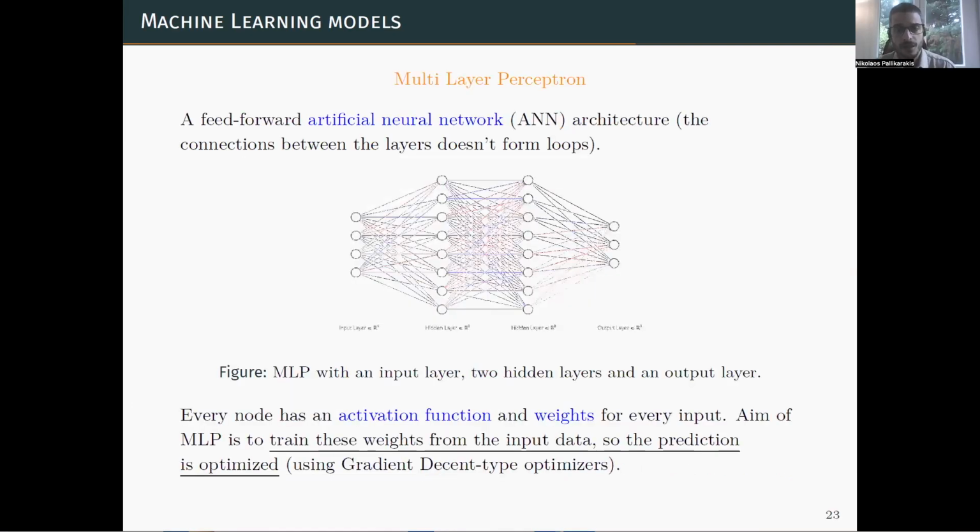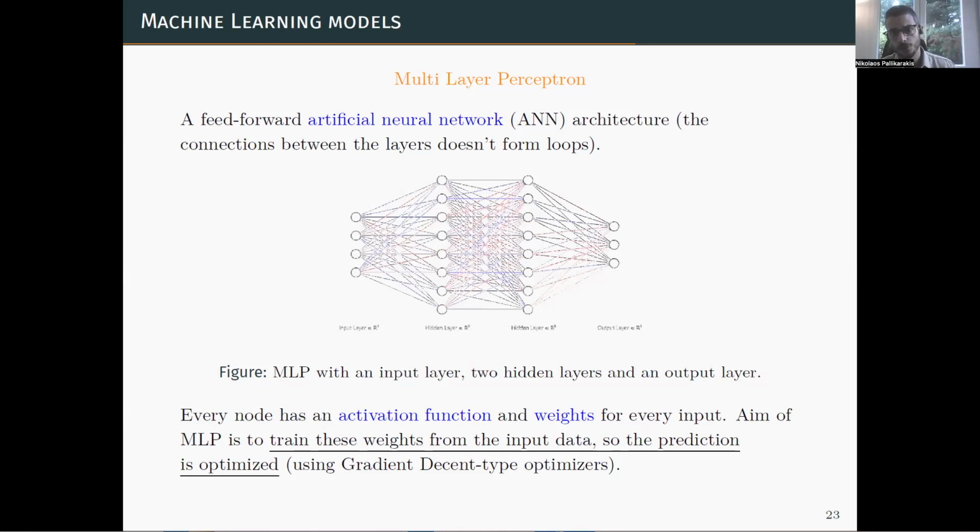And last, we used the multi-layer perceptron as a machine learning model. This is a specific category of neural networks, which are called feed-forward, where the information goes only forward and the connections don't form loops. And in this figure, we see an example where we have an input layer, which are our x values, the eigenvalues, two hidden layers, and the output layer, which are the y values, the target values.